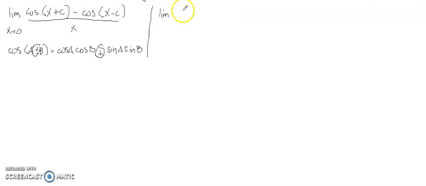So limit of, okay, cosine x times cosine c. Since plus yun, okay, may reversion doon, so minus yung gagamitin natin. Minus sine x times sine c. Okay? Minus, okay, pangalawa naman, cosine (x minus c).